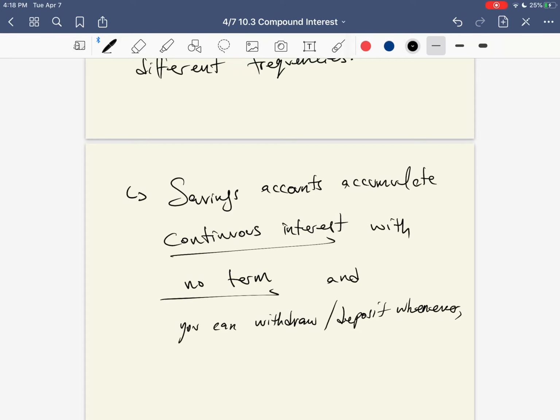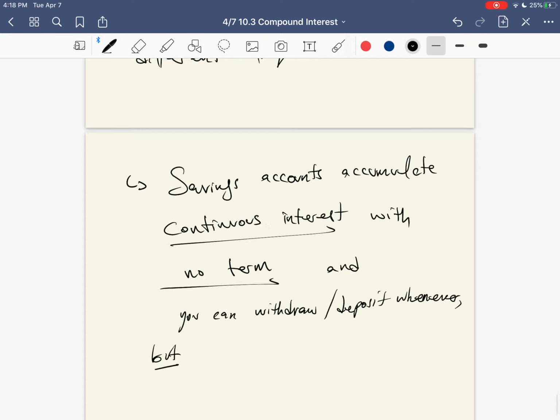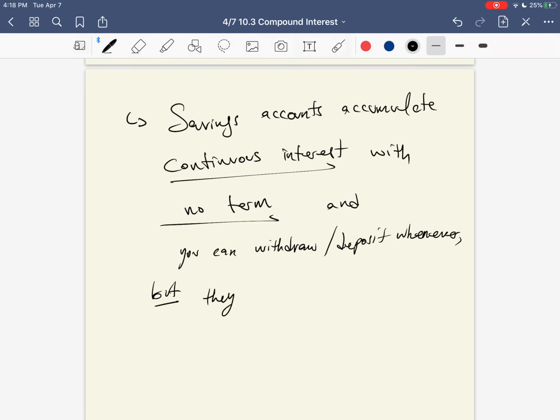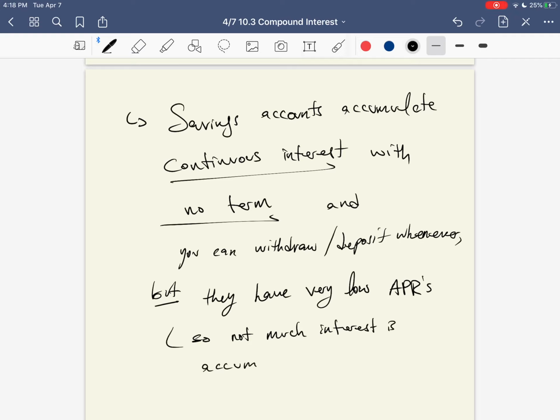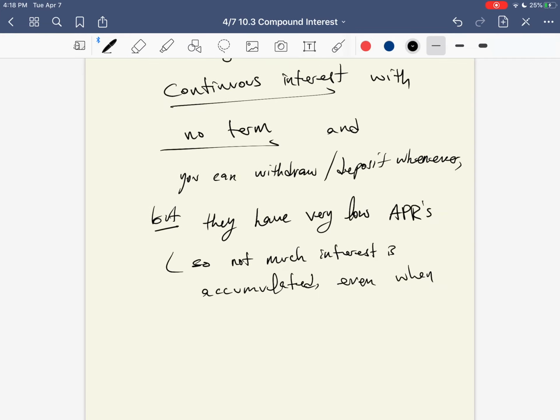The only thing is they have very low APRs. So not much interest is accumulated even when compounded continuously.